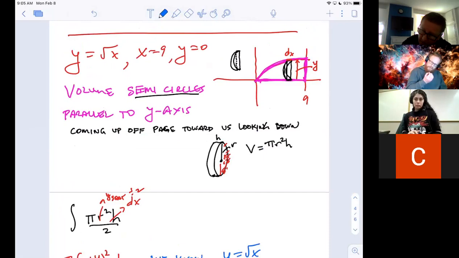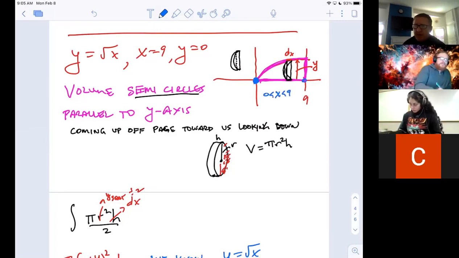Well, since it went all the way from here to here, that's X staying between 9 and 0, isn't it? Isn't that X value working its way from 9 to 0? So what makes this a calculus problem is our cylinders, the radius is changing all the time. As we move from 9 to x is 0, the radiuses are getting smaller and smaller and smaller.